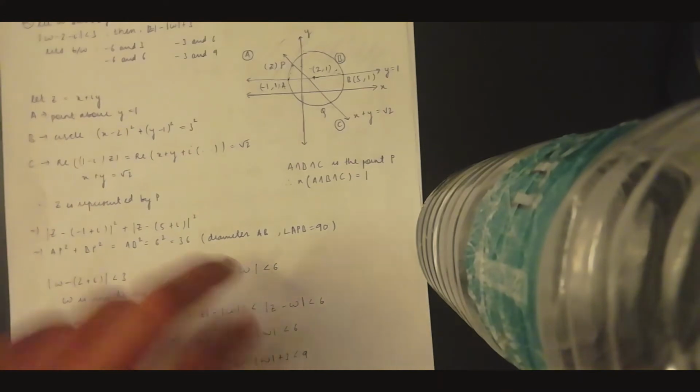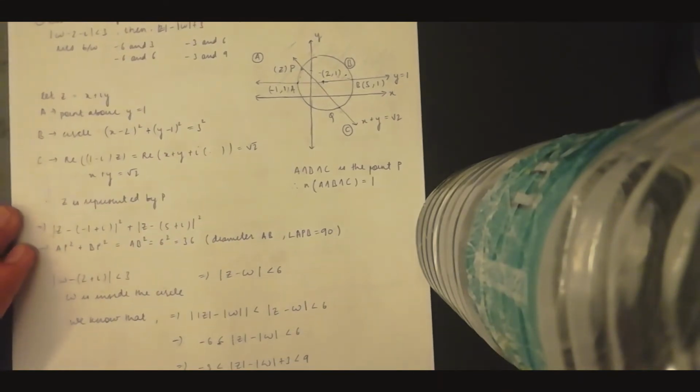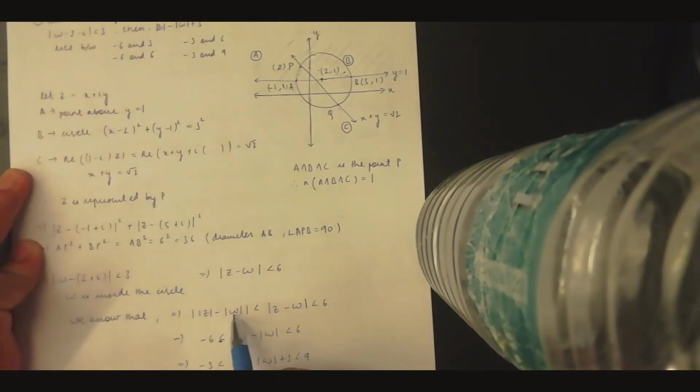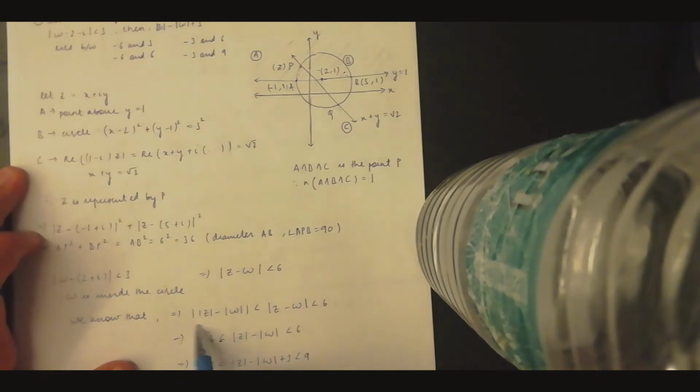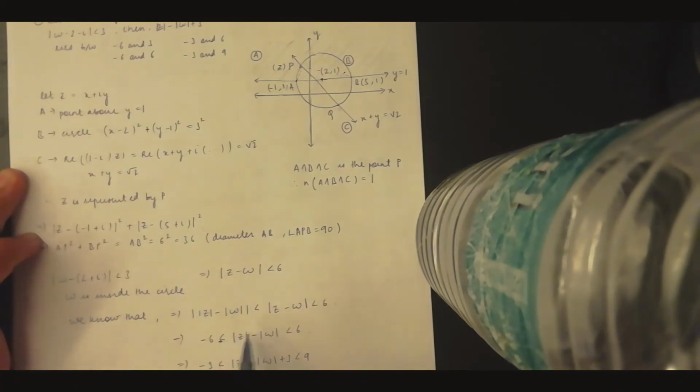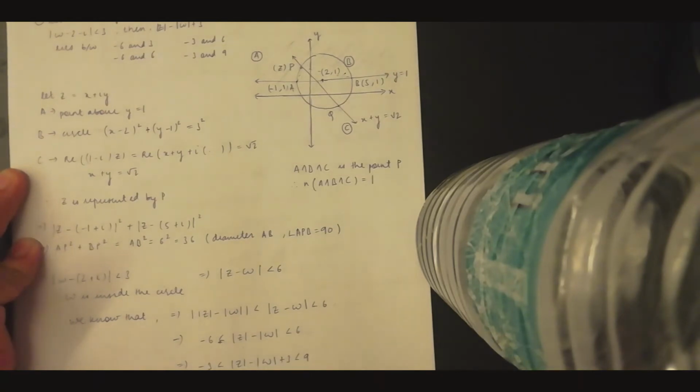Now we know that |Z| - |W| is always less than |Z - W|, and this is a property, and we know that this is less than 6, so that means this is less than 6. Now we take out the mod and we get -6 < |Z| - |W| < 6.